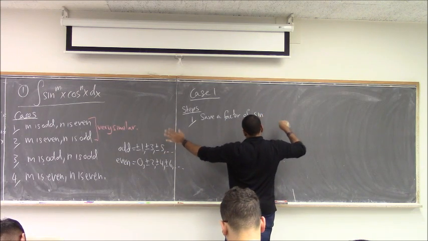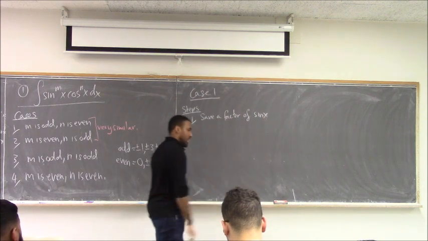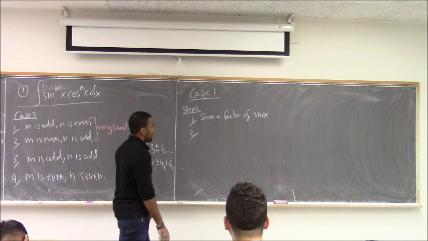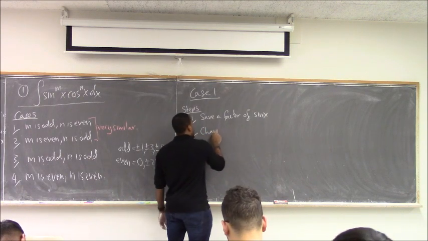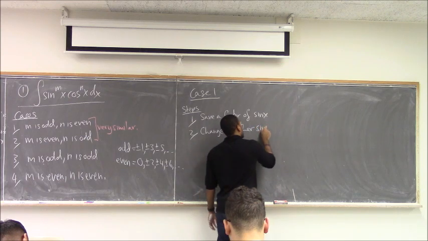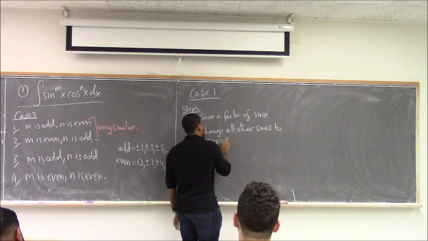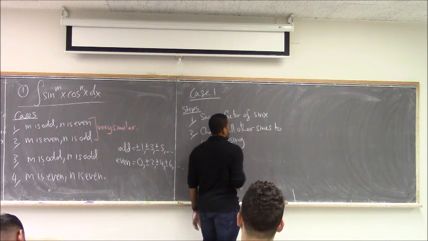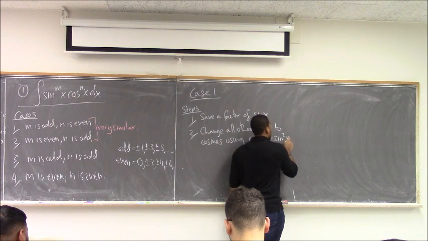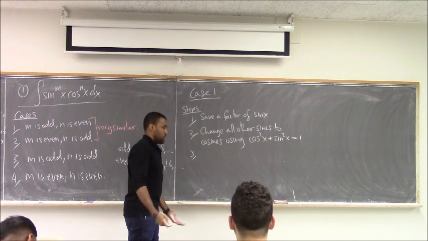You're going to pop one off and just put it to the side. Step 2: you're going to change all other sines to cosines using the Pythagorean identity, cosine squared plus sine squared equals 1. Step 3: you're going to do a substitution.